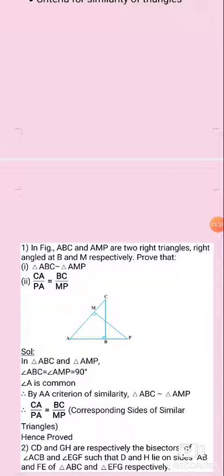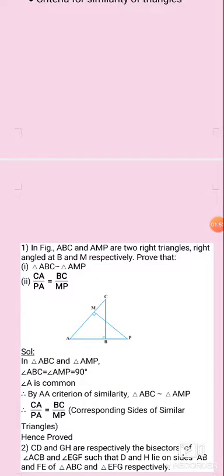So using the AA criterion, the two triangles are similar. So if two triangles are similar, we can write the sides in proportion. That is, CA by PA is equal to BC by MP, corresponding sides of similar triangles.